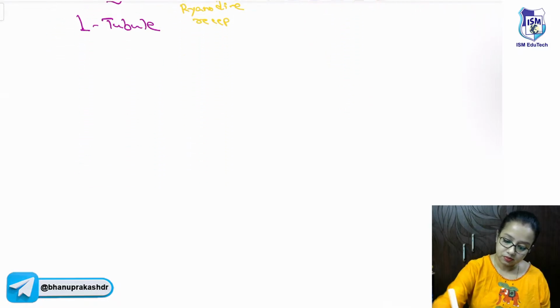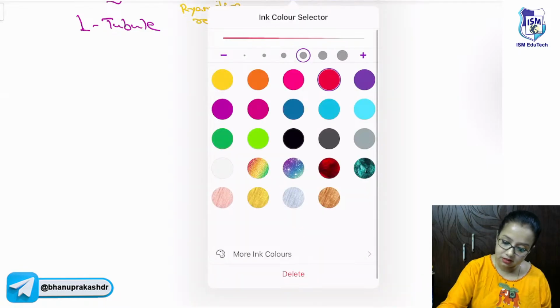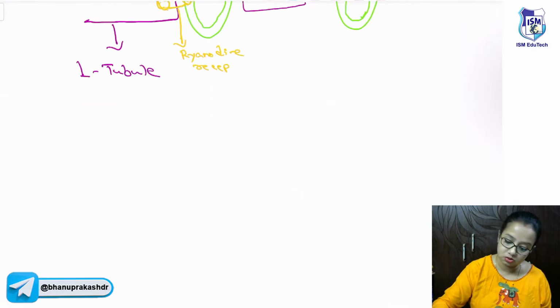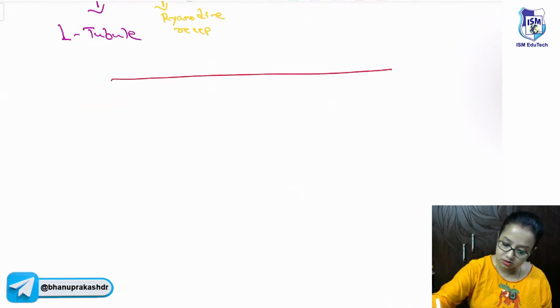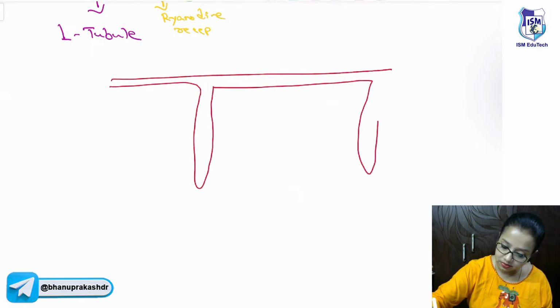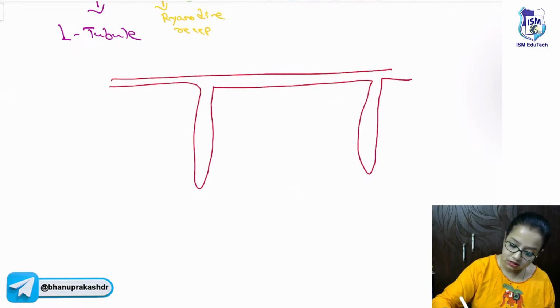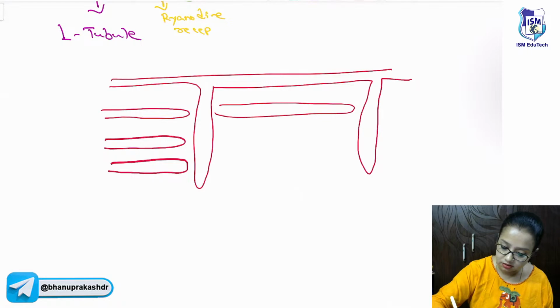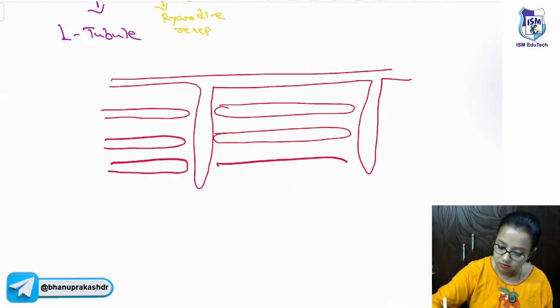Now, the triad. Let's draw the structure again. In short form, if this is a T tubule, then there is a dilation on either side of this T tubule.